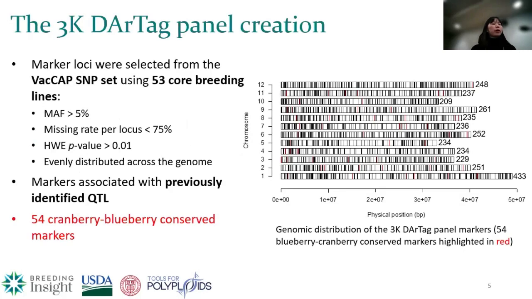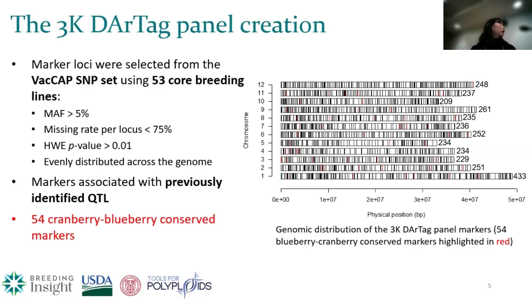To create the 3K marker panel, SNPs from 53 core breeding lines were used for marker selection. The marker loci were selected based on MAF, missing rate, and also the spatial distribution across the genome.